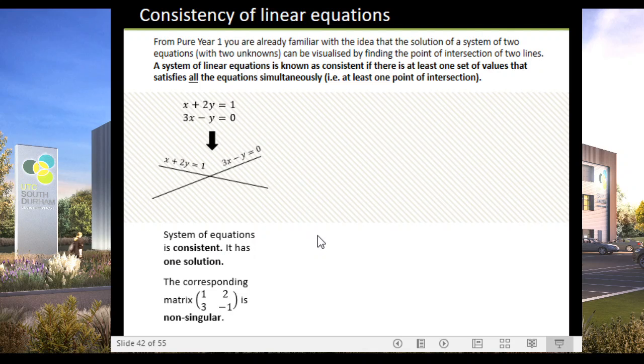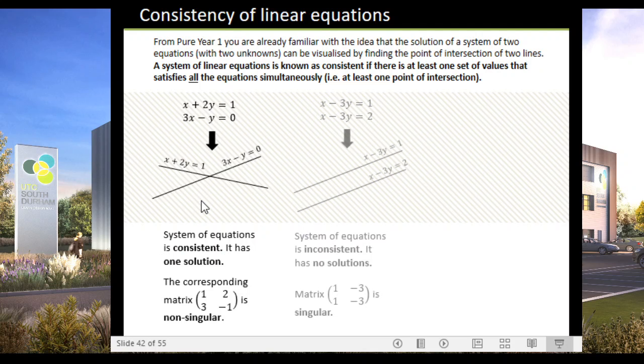If you want to check, you will find that (1, 2; 3, -1) is non-singular. That is, the determinant is not equal to 0. That's key when we go into 3 dimensions. So, the determinant of this matrix, you can do a quick calculation if you like, is not equal to 0. That means that the system of equations we've got there has got a solution.